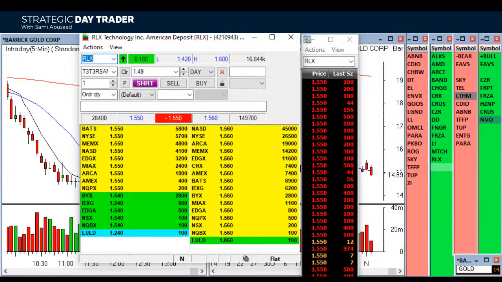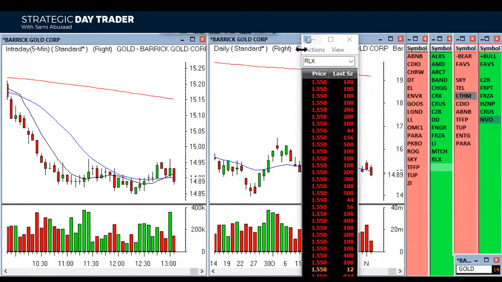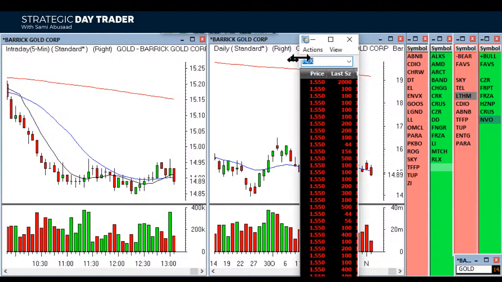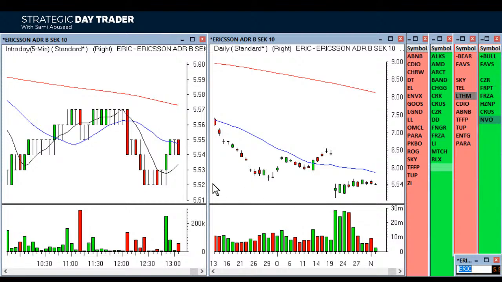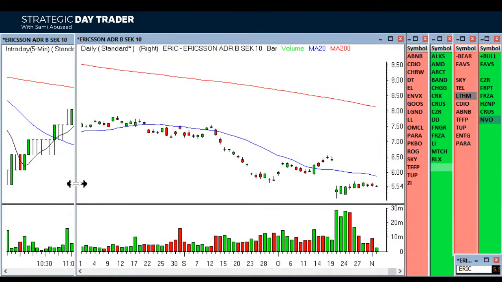And then there was another part to your question, which was ADRs, because most of the time they don't move very much. Most of the ADRs just end up with a narrow range bar every day. Ericsson is an ADR.